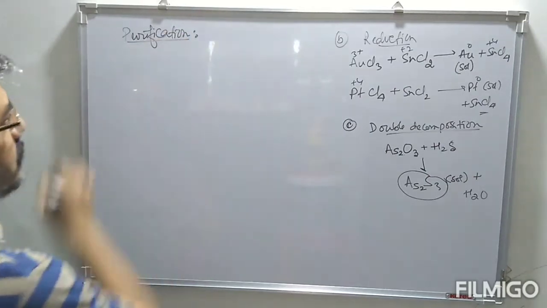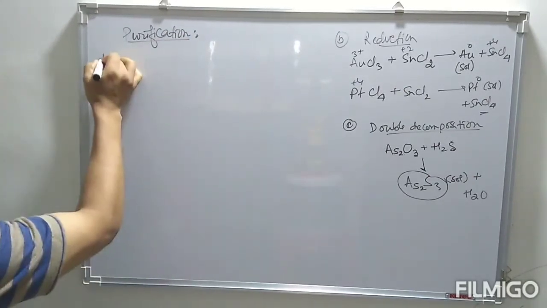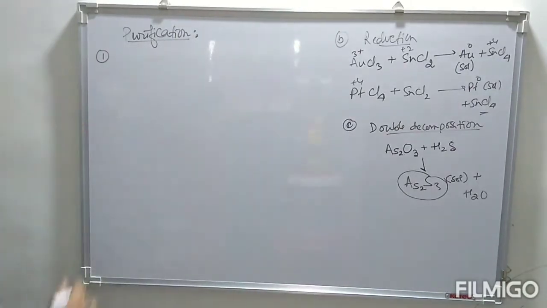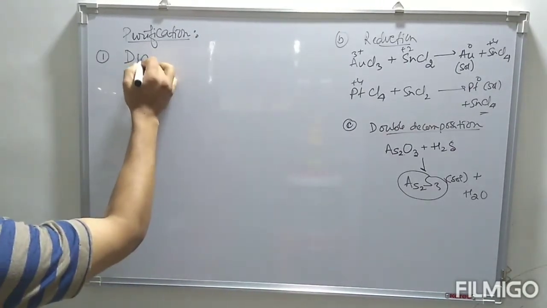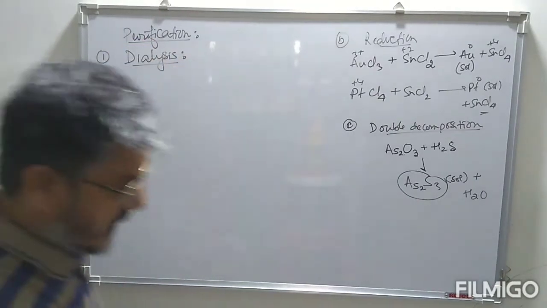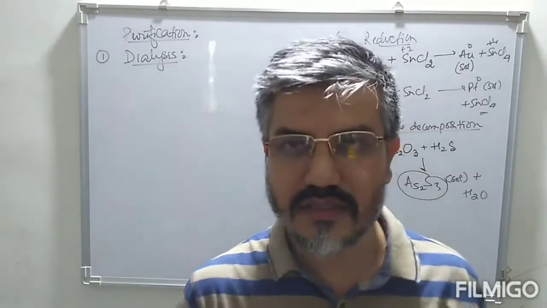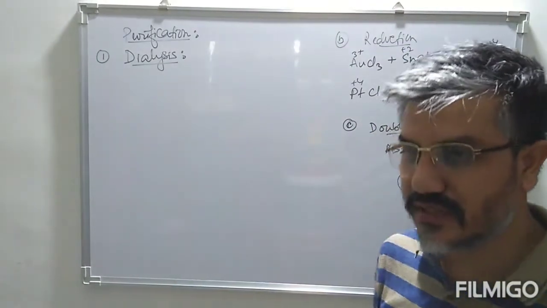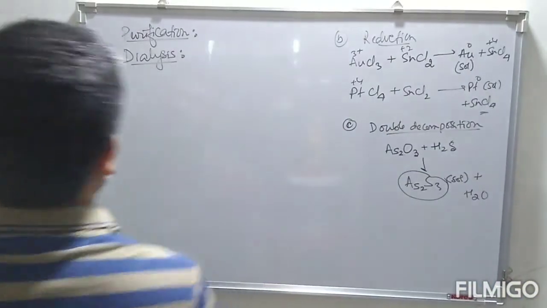Purification of colloidal solution. The first method for purification of colloidal solution is dialysis. So dialysis is the method by which we can remove the impurities from the particles of colloidal solution.